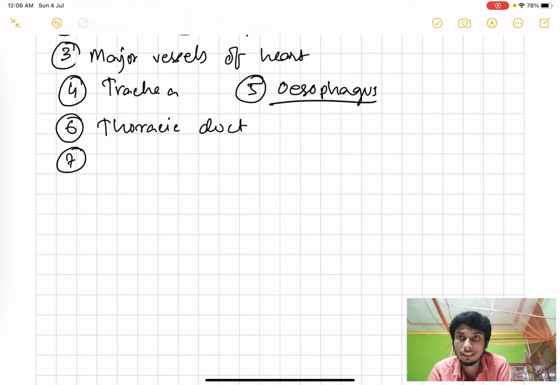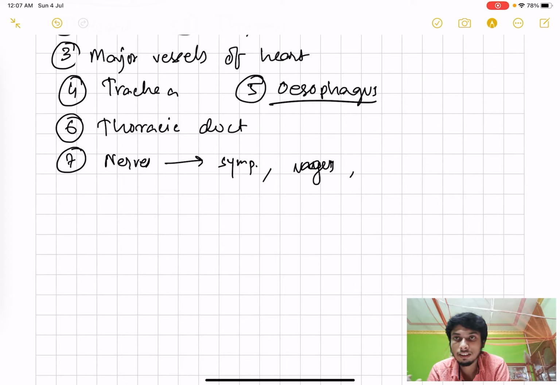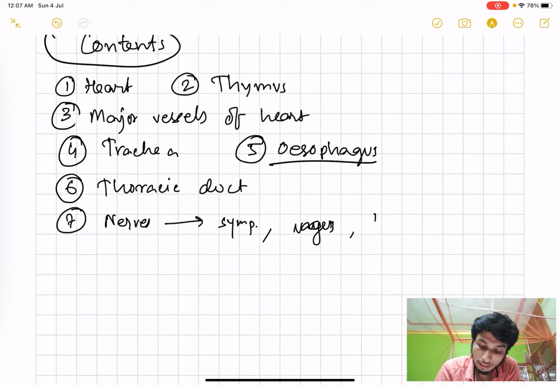There are some sympathetic nerves, there is the vagus nerve, parasympathetic nerve, all of that. So everything also is included. Nerves: there are sympathetic, there are vagus. Also inferiorly there is diaphragm, so the phrenic nerve will also be there.